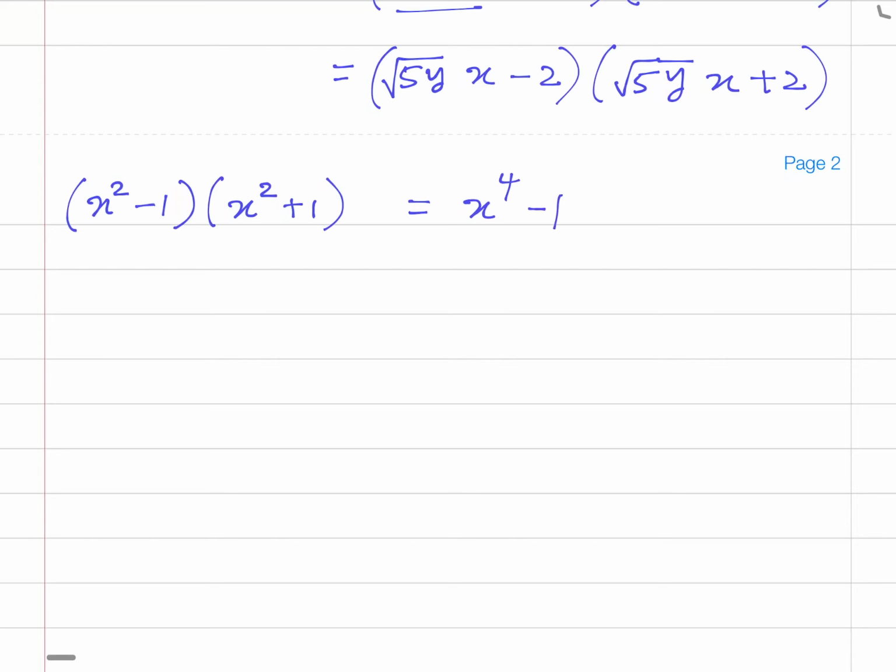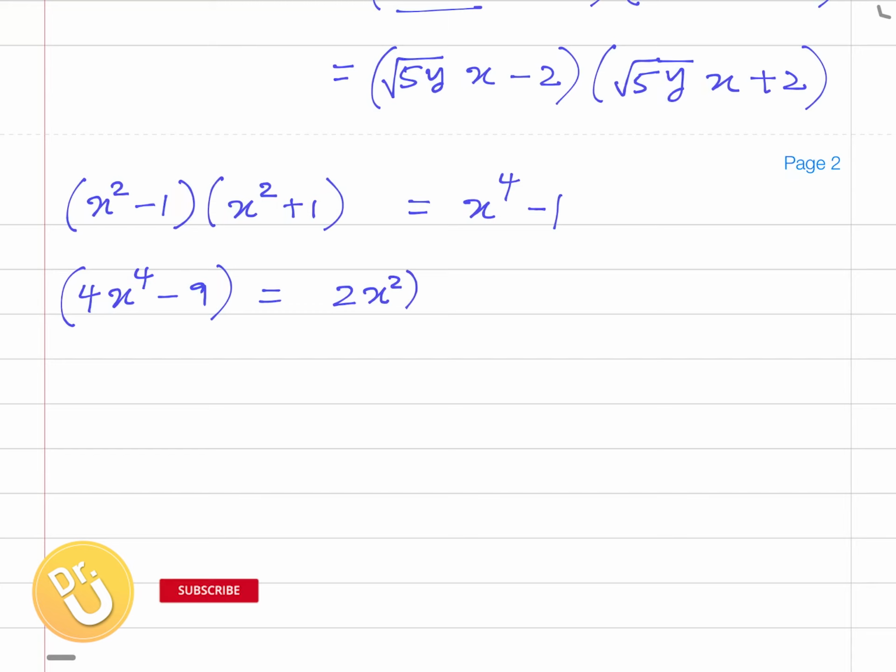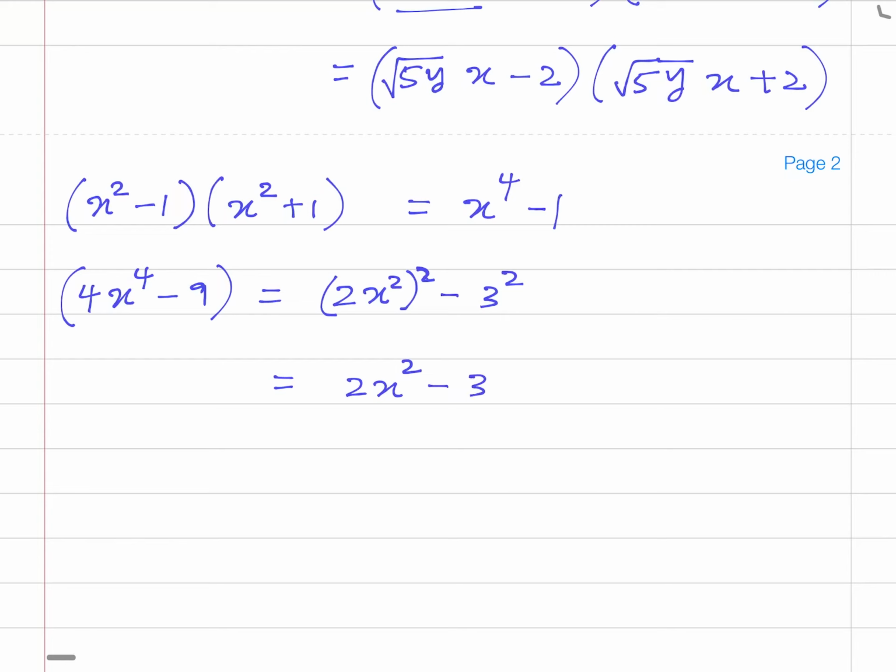Similarly, if you have something like 4x to the power 4 minus 9, this can be written as (2x to the power 2), the whole thing squared, minus 3 to the power 2. So this can be written as (2x to the power 2 minus 3) and (2x to the power 2 plus 3).